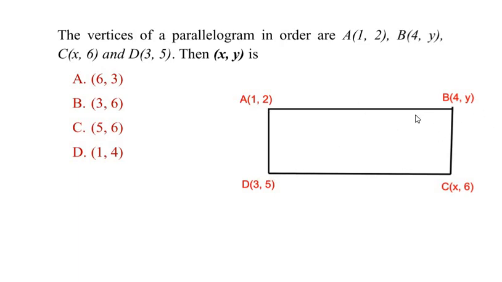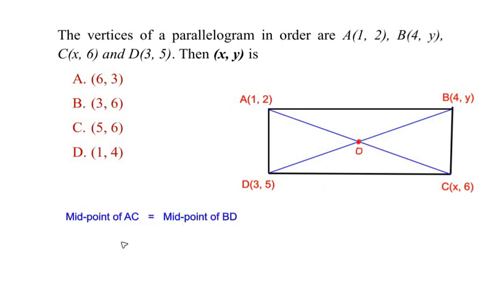So I'm going to join B and D and I'm going to join A and C. Now once we join this, since the two diagonals bisect, suppose I take the point of intersection as O, then O becomes the midpoint of the line AC and O also becomes the midpoint of the line BD. So we have midpoint of AC is equal to midpoint of BD.